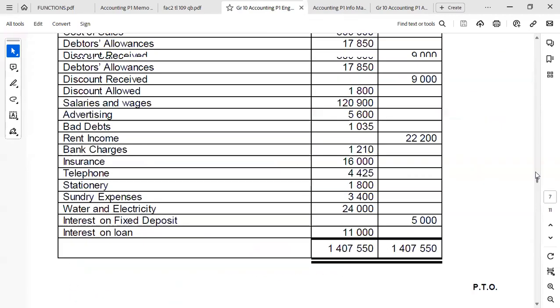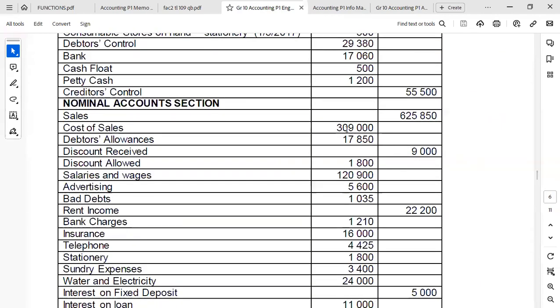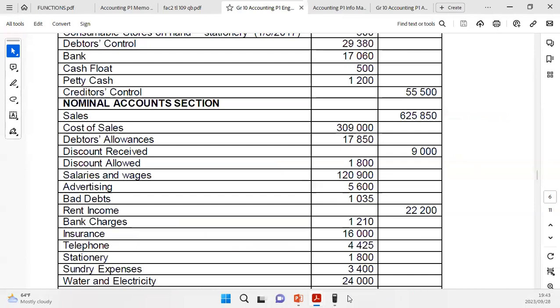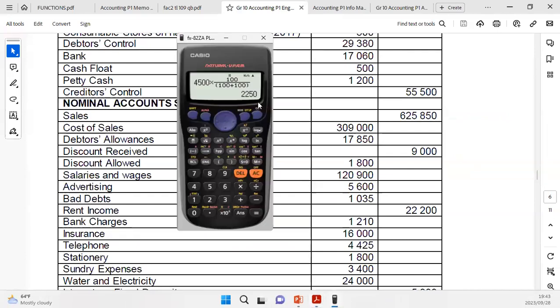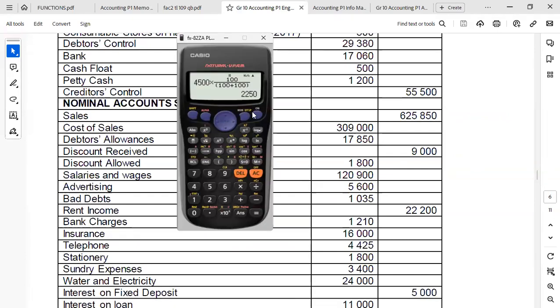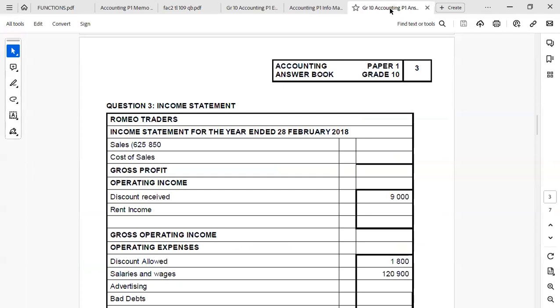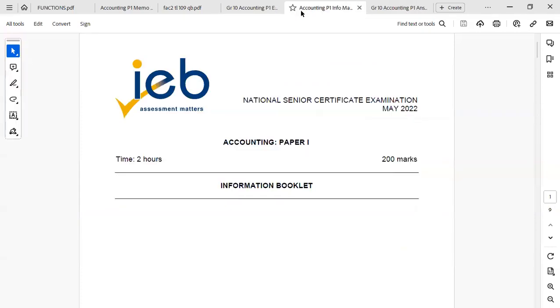Let me see. So you are going to take this 309,000 and add that 2,250. Then you're going to subtract it again from your trading stock. This is for grade 10s. And for grade 12s, let me see what I have.